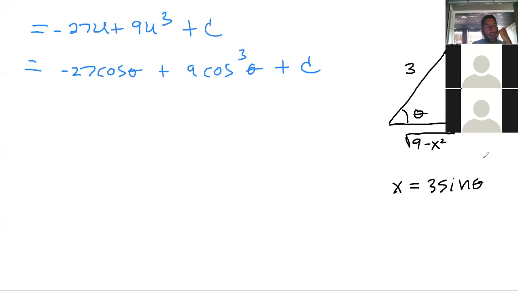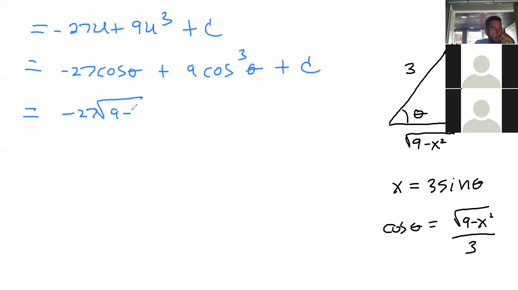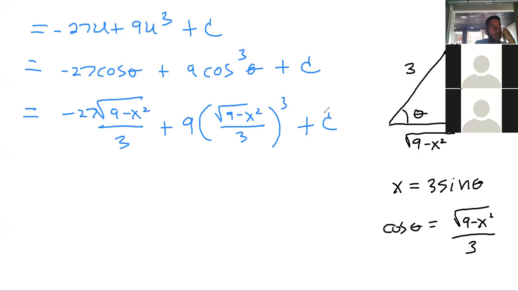Okay, so we want to know the cosine of theta. Cosine of theta is adjacent over hypotenuse. If we plug that into our expression on the left, we're left with negative 27 times this over 3 plus 9 times this creature cubed plus c.